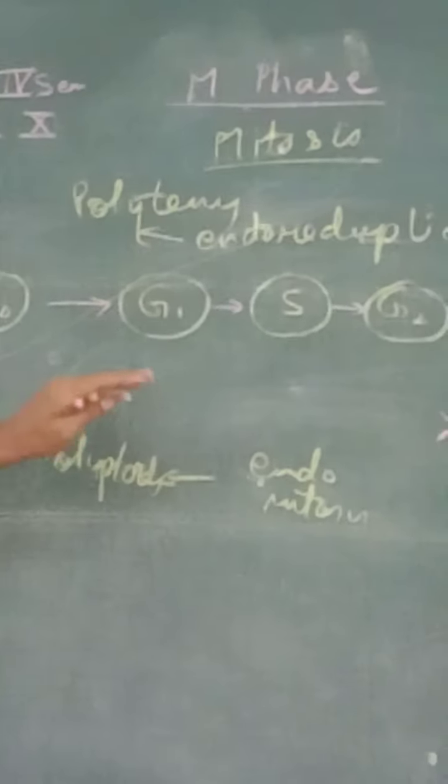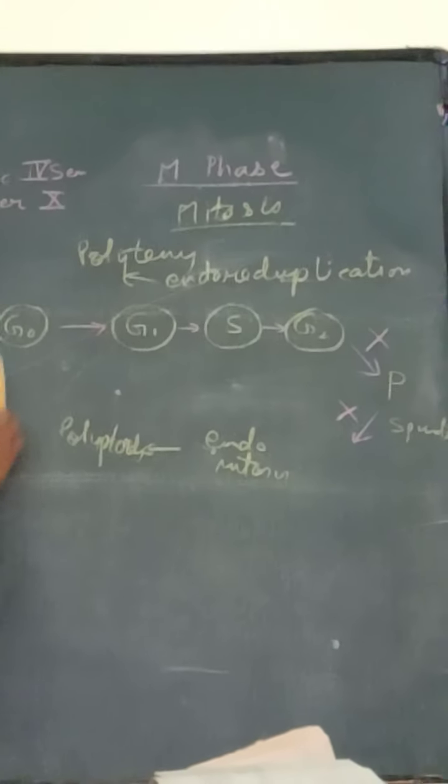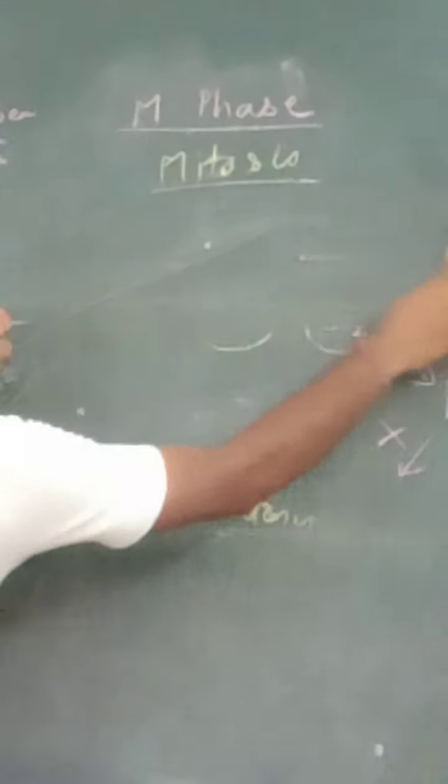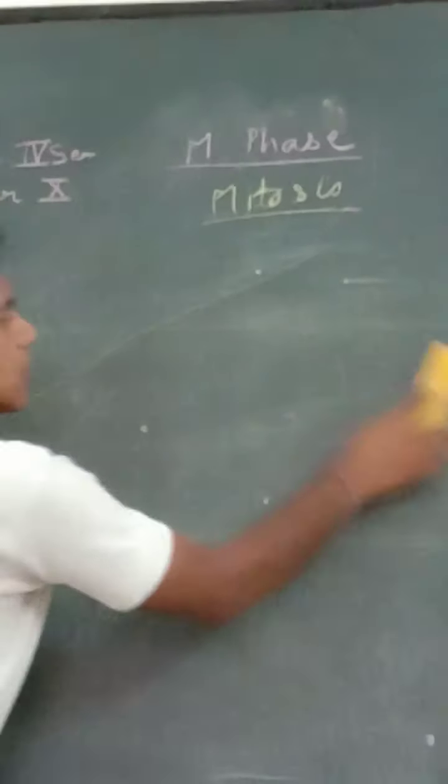Now this was just a few things about the spindle and chromosomes. Now coming to our first division, that is mitosis.